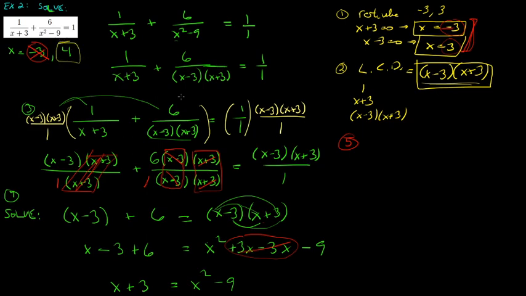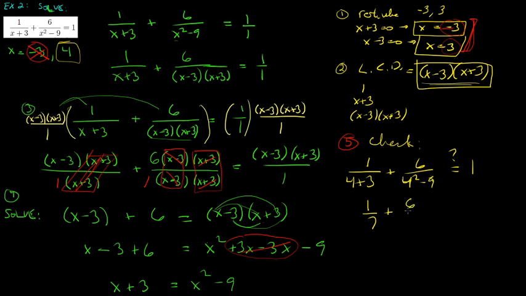You can check. In fact, I guess we'll do that here. Let's check. So if we replace all the x's with 4, we get 1 over 4 plus 3 plus 6 over 4 squared minus 9. Does that equal 1? Sorry about that. Yeah, this is actually not that pleasant to check. We get 1 over 7 plus 6 over 16 minus 9.